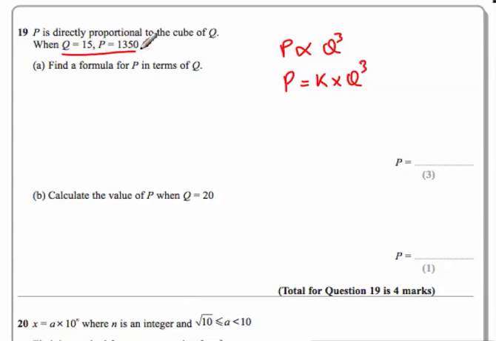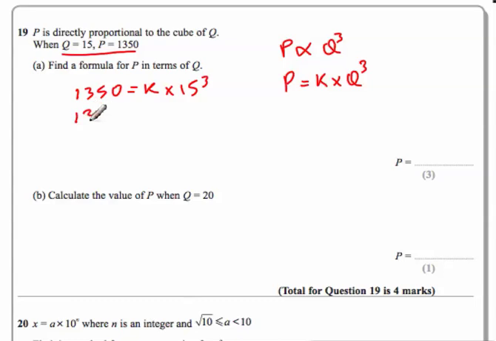I'm going to substitute those values into here, so I'm going to end up with 1350 equals K times 15 cubed. Okay, now 15 cubed is 3,375.